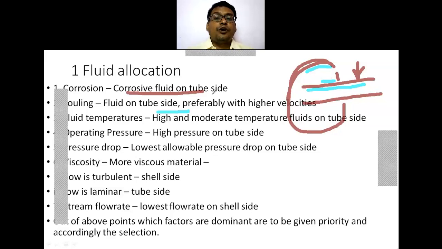The next is the fluid temperature. High and moderate temperature fluids go on the tube side.